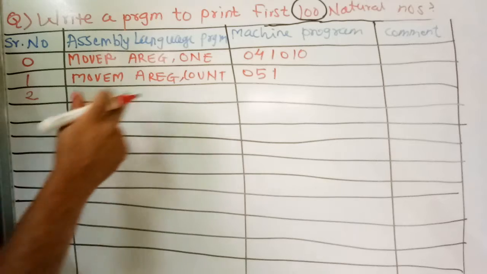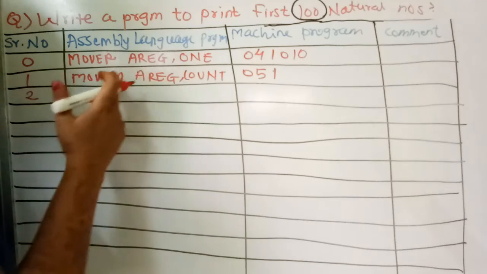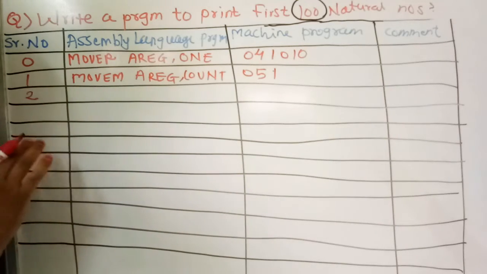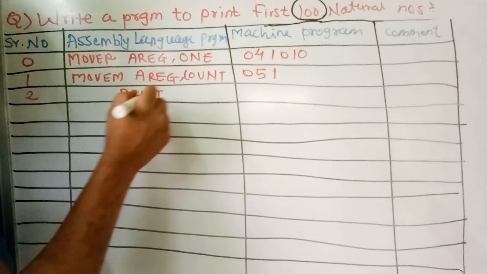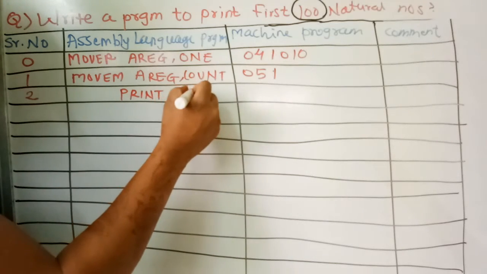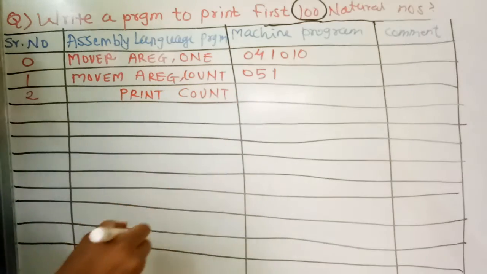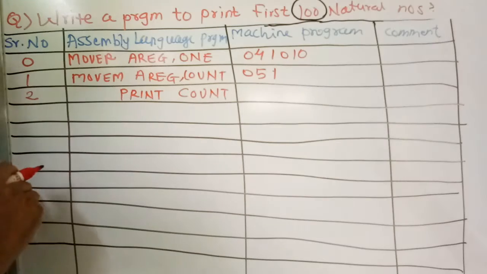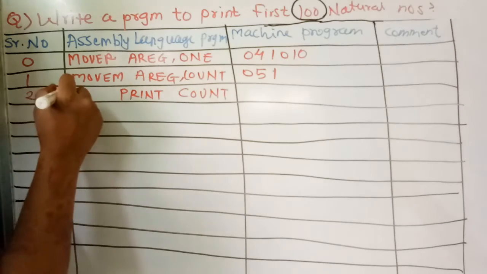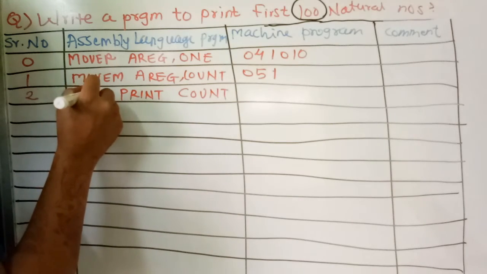Then, as we have shifted the counter value 1, we will first of all print this value. For that, we will take a mechanism like print count. It means we are displaying the first value, that is 1. This printing procedure we have to perform again and again, so we will take here a label called again.